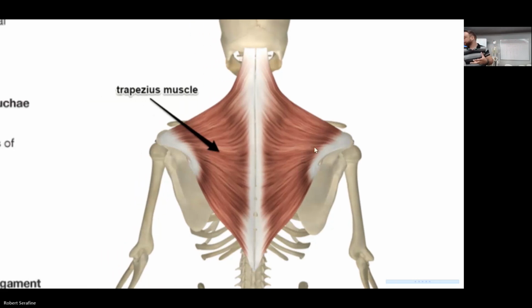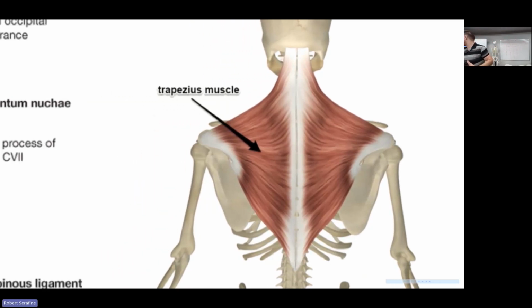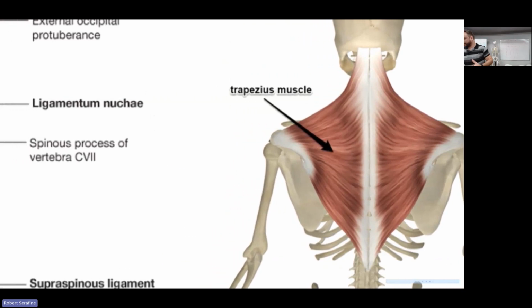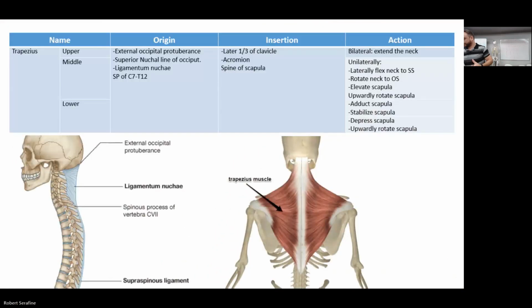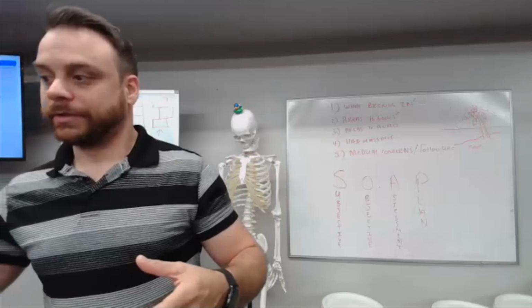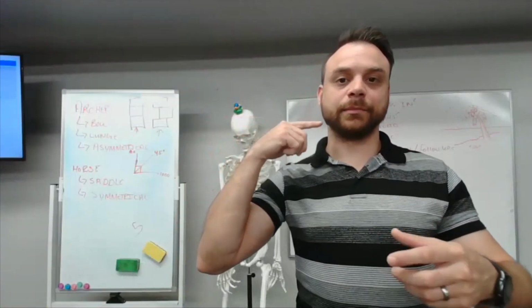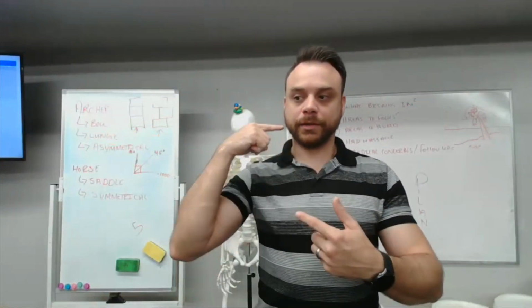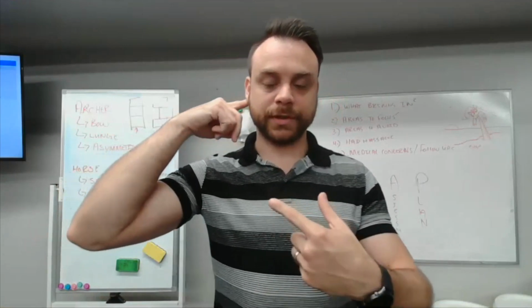Let me show you exactly what I mean. So for instance, my SCM muscle. This is a muscle that you can obviously touch on your own self.